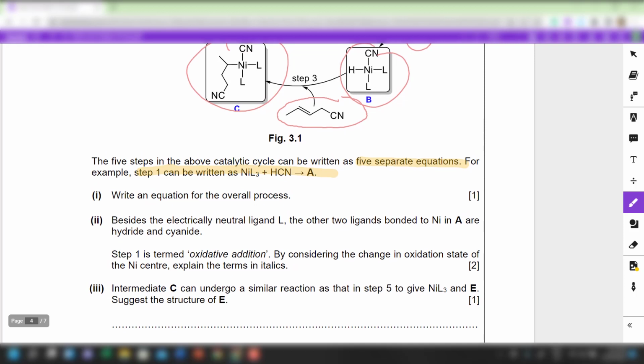And then at the end of the day, you will be able to get this. Basically just this unknown plus HCN, and then you get your adiponitrile. That's NC, like this. So this will be the final answer you get.